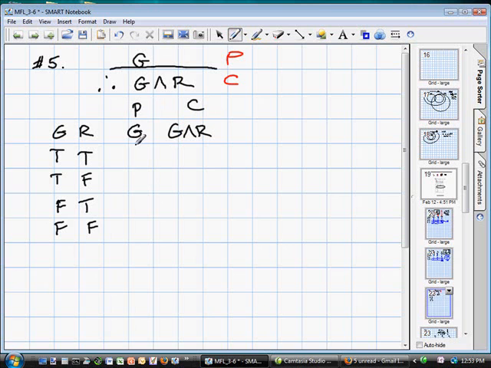So I'm just going to copy the G. And now let's do G and R. G and R is only true when both are true. Circle all the rows where all the premises are true. Well, there is only one premise.